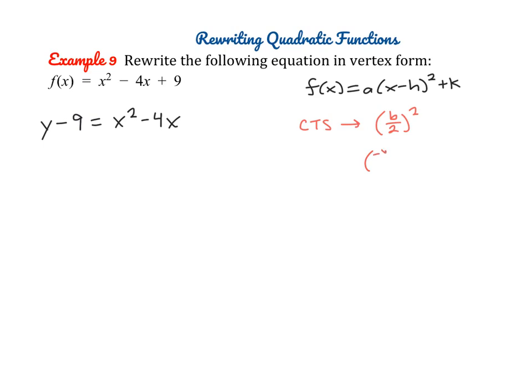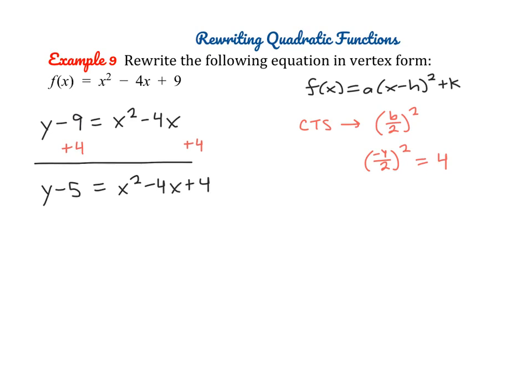So we do negative 4, divide it by 2, and then square it. That gives us positive 4 because negative 2 squared is positive 4. So we're going to add 4 to each side. This gives us y minus 5 equals x squared minus 4x plus 4.